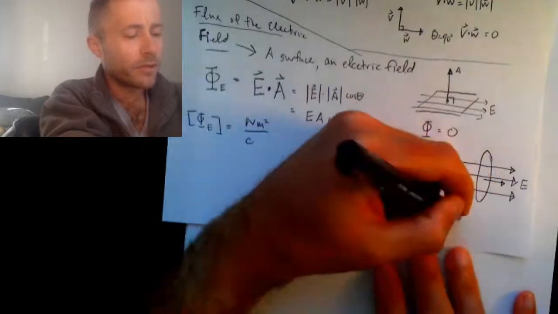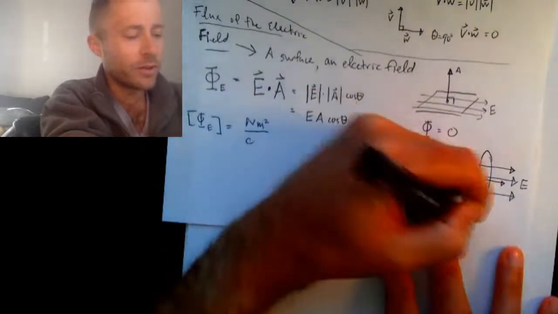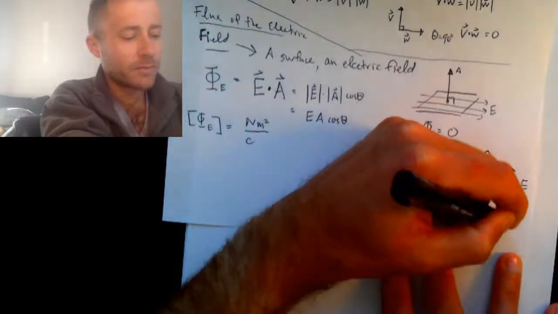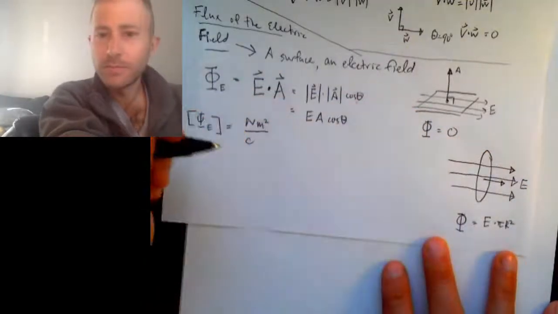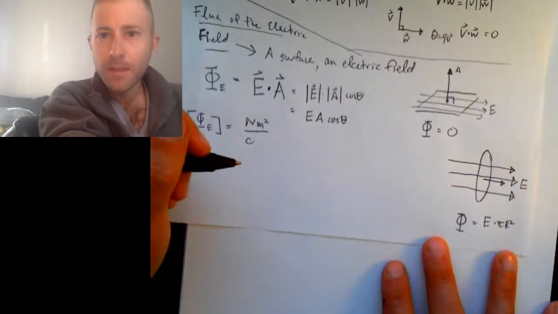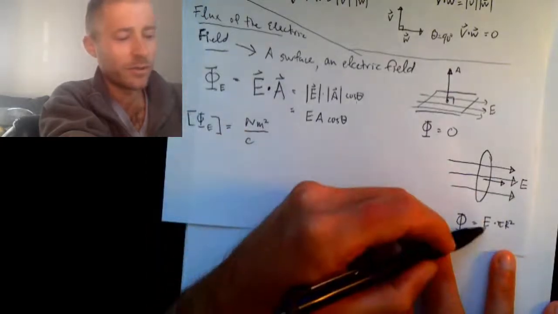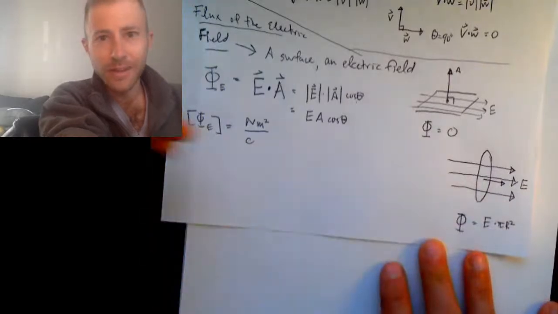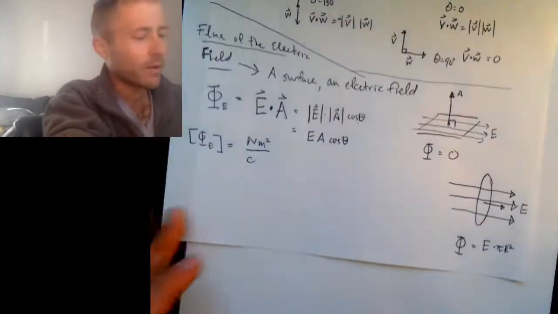So in this case, the flux is going to be E times pi r squared, because the magnitude of the electric field is E, the magnitude of the area vector is pi r squared, and the angle is 0.